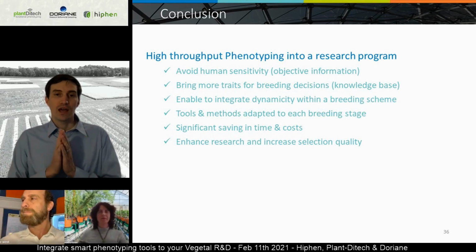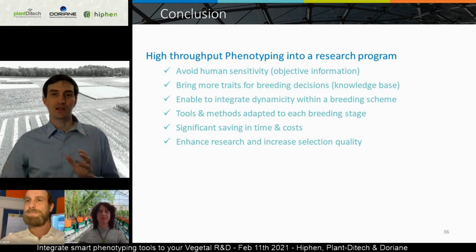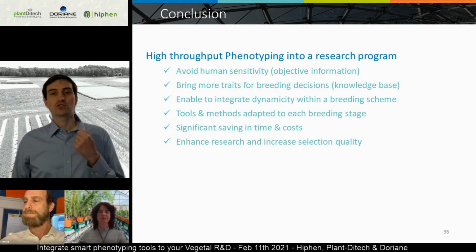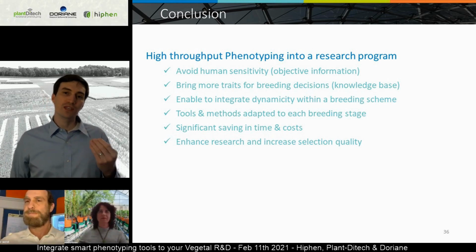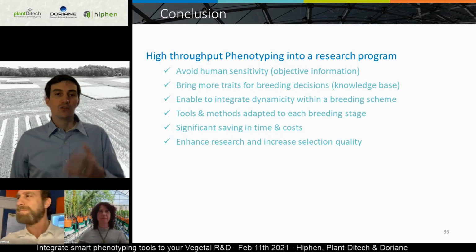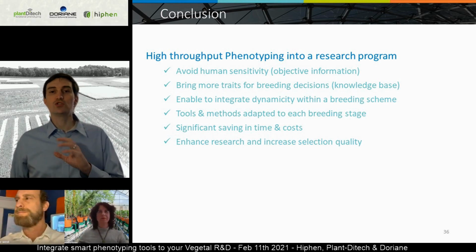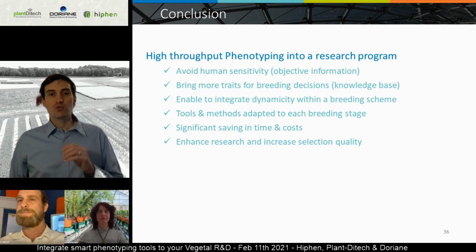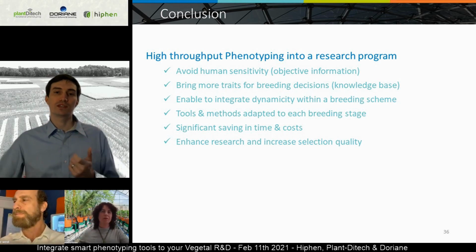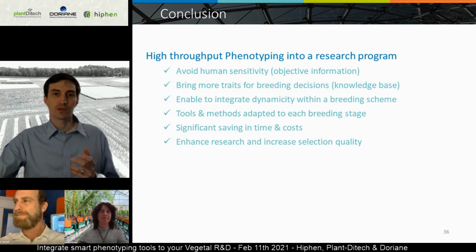And to conclude, high throughput phenotyping brings new traits to characterize the material and gives more information to the plant breeder, from the nursery screening stages to product performance evaluation. The main benefits are to get objective information without human interpretation, to bring more traits for breeding decisions, and to integrate dynamicity within the breeding scheme.